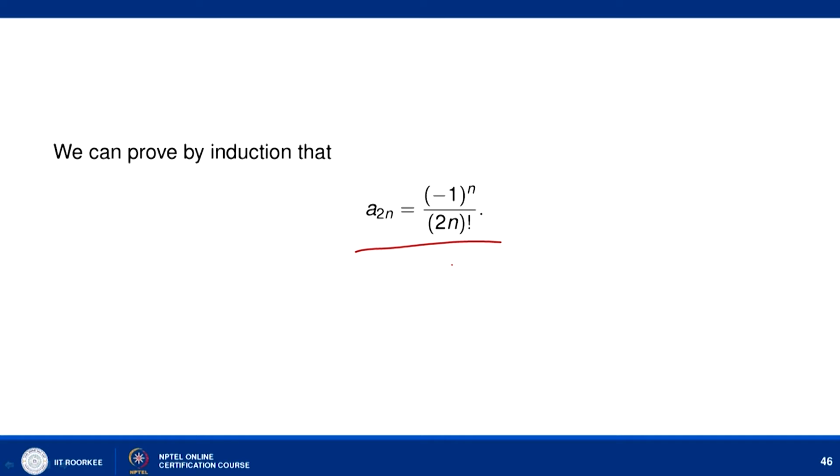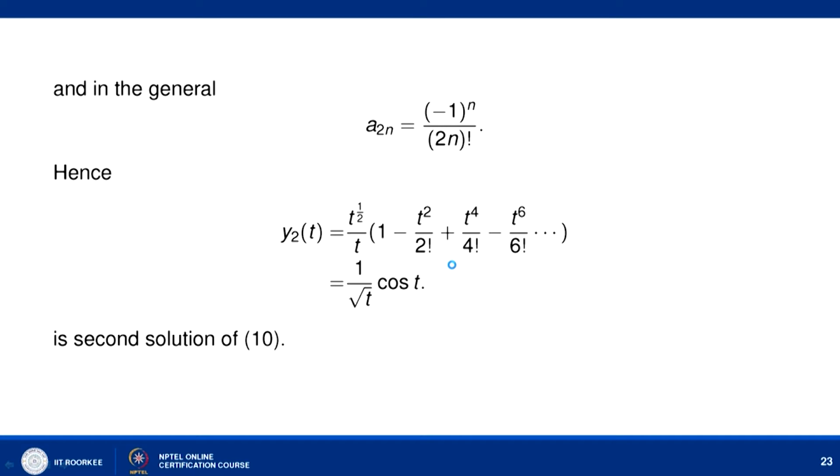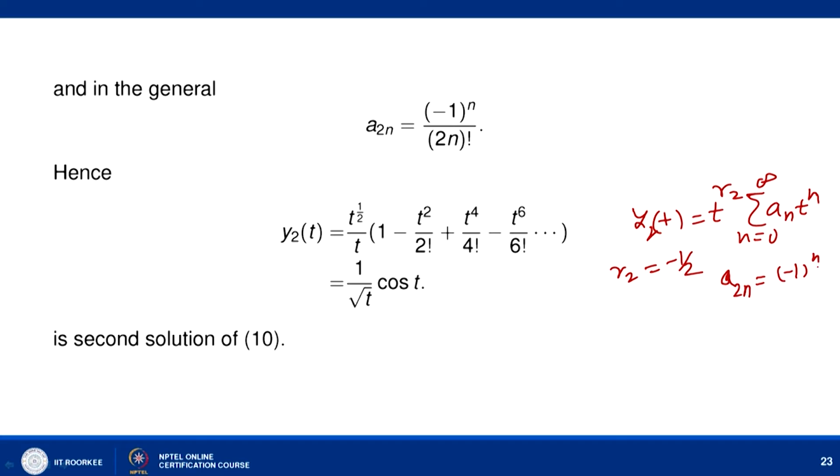Now corresponding to this, we find the solution y2 of t, which is t to power r2 times the summation of an t to power n, n from 0 to infinity. So r2 is minus half, a2n is minus 1 to power n over factorial 2n, and a2n plus 1 is simply 0.